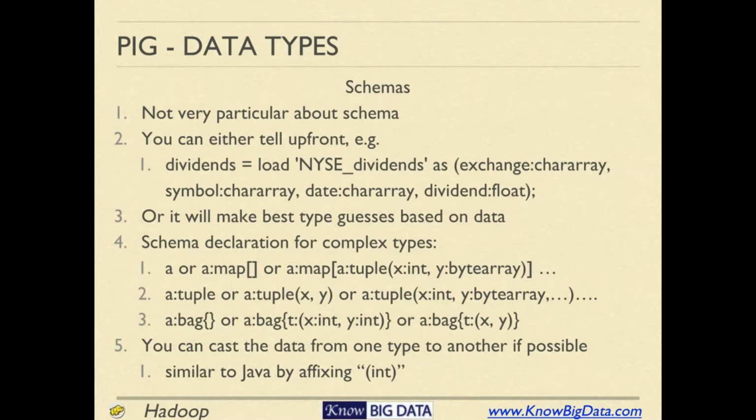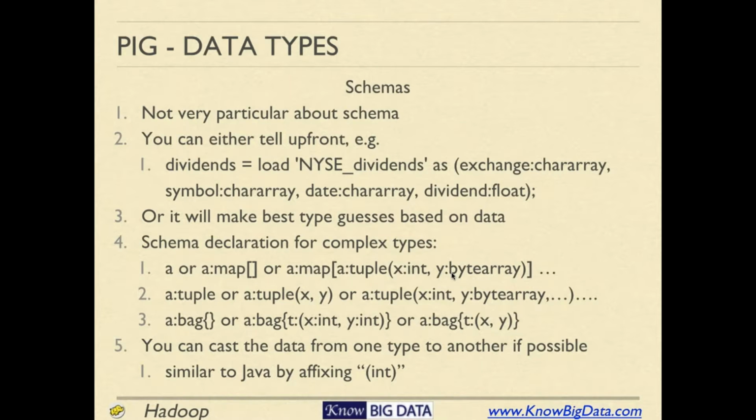Further, you can go one step further, saying A is a map where the values' data type is a tuple, and the data types inside the tuple are these. So it's completely up to you to what level you want to describe the data type to Pig. Otherwise, Pig will do its best guesswork.